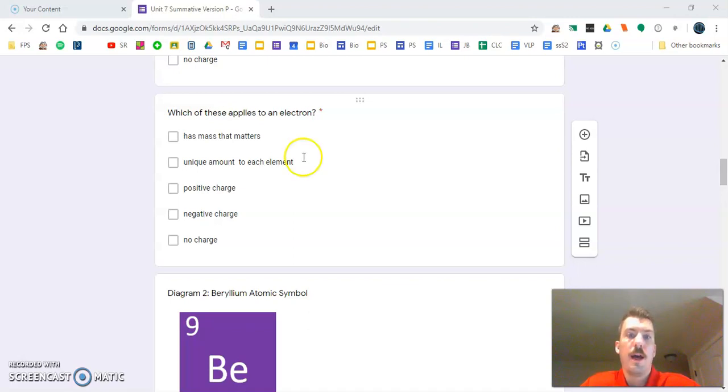Chlorine can have a certain amount of electrons, or it could have one more if it acquires one and becomes the chloride ion. So it is not a unique amount to each element. And it's a negative charge. So electrons, the only check mark here is for a negative charge.